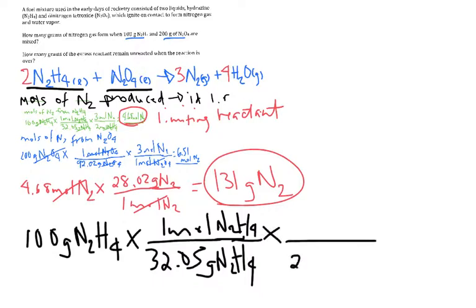For every 2 moles of hydrazine, there's 1 mole of dinitrogen tetroxide.